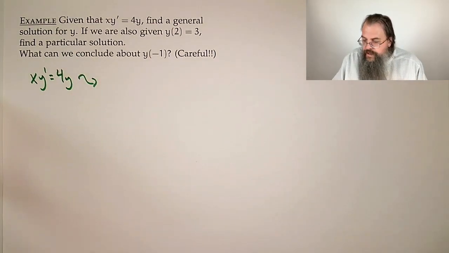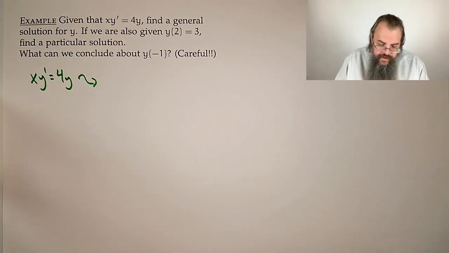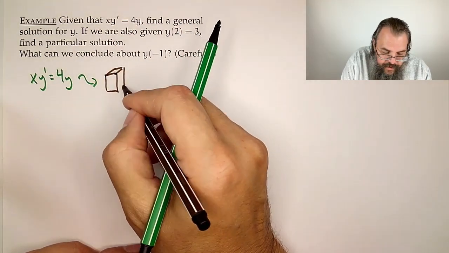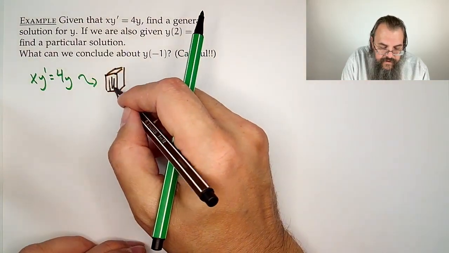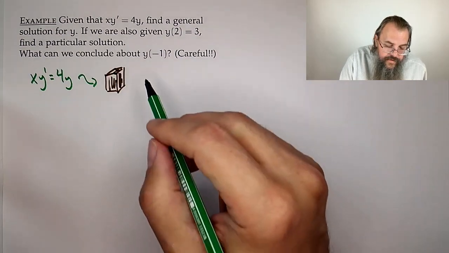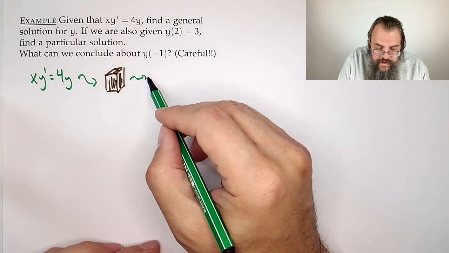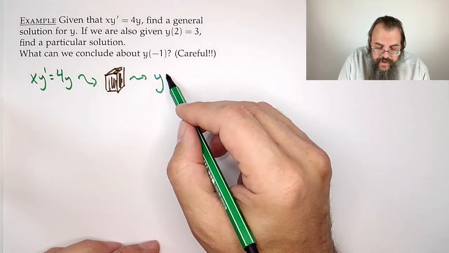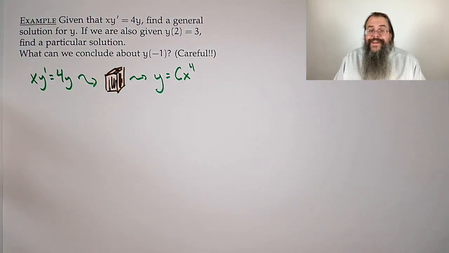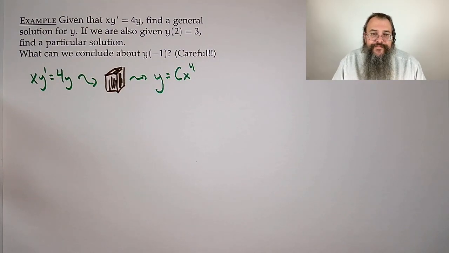Okay, so we're going to feed that into our black box here. Let's put our box. There we go. There's our box. Okay, and now what comes out? Well, the claim is y equals some constant times x to the fourth. All right, well, let's check that.